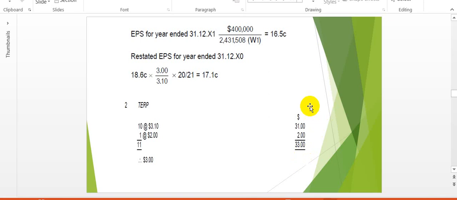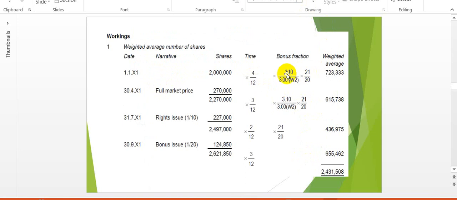So we have to restate the previous year's EPS. To restate the previous year's EPS, you get the reciprocal of the bonus fraction. See the bonus fraction there, 3.10 divided by 3.30.